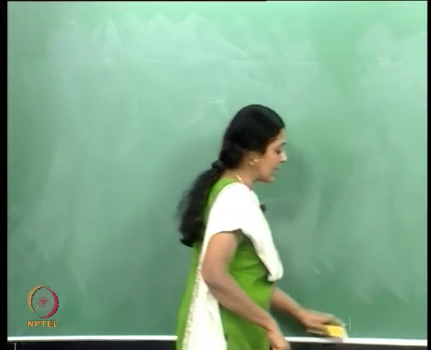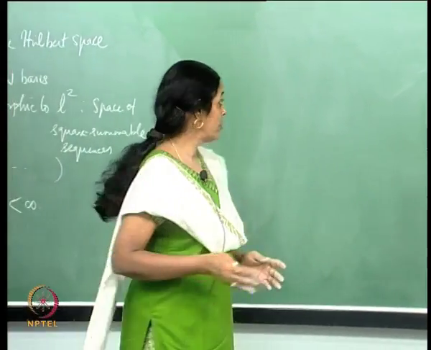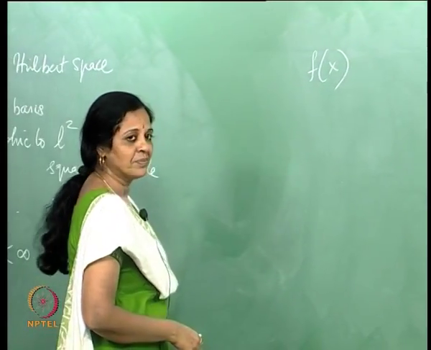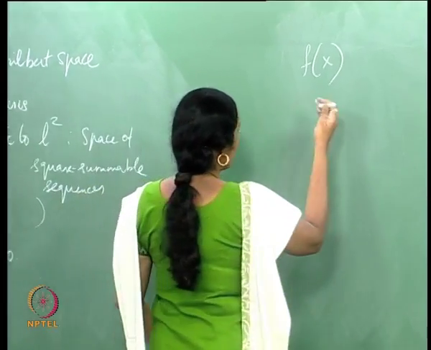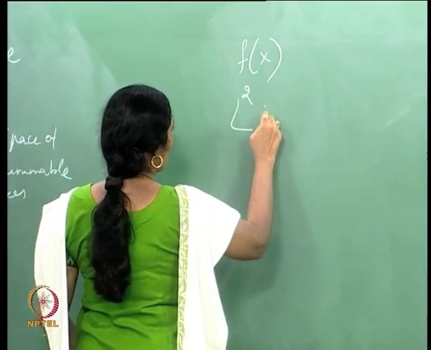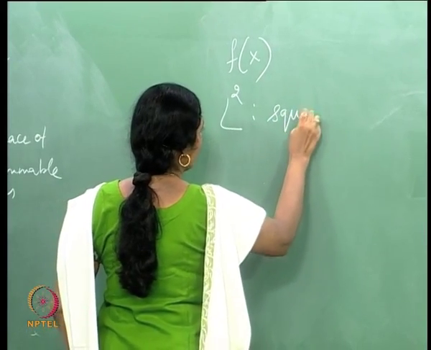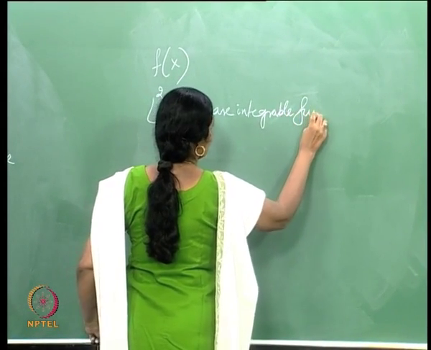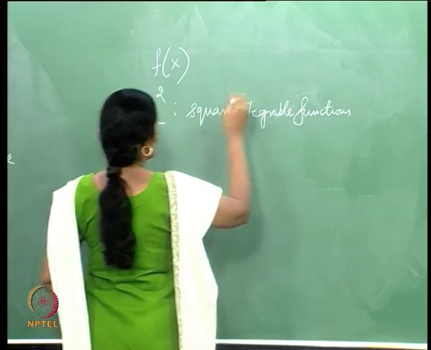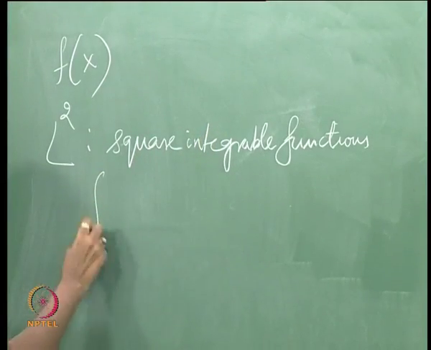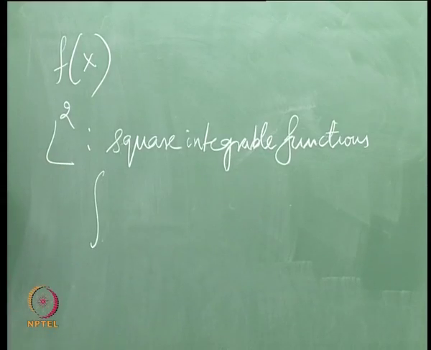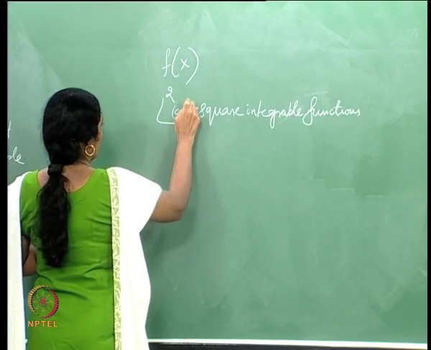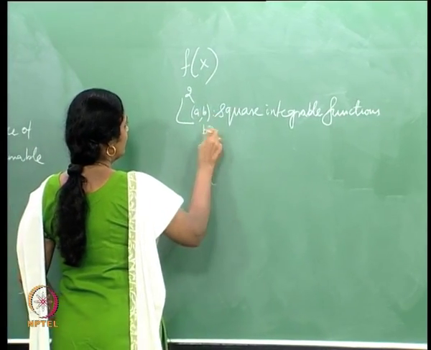One of the choices that I can have is a set of functions of some argument x, satisfying the following property, square integrability. The states are simply square integrable functions where this L2 is defined in the range AB.